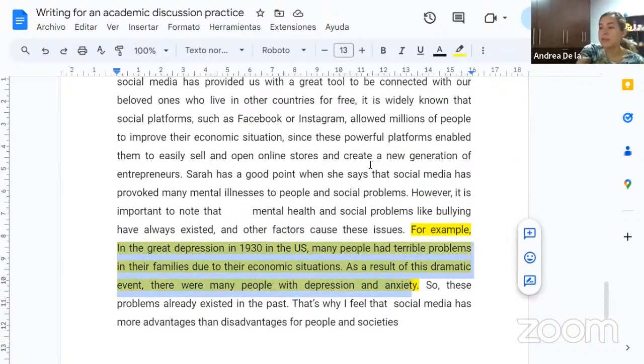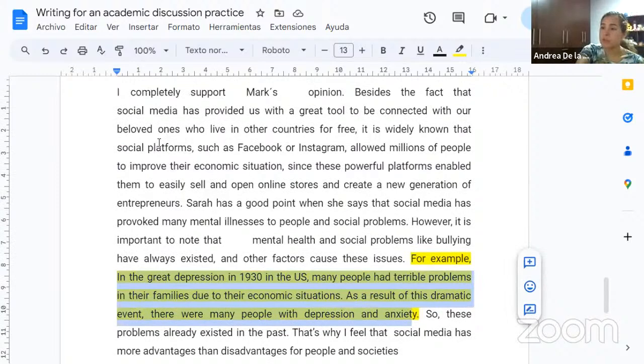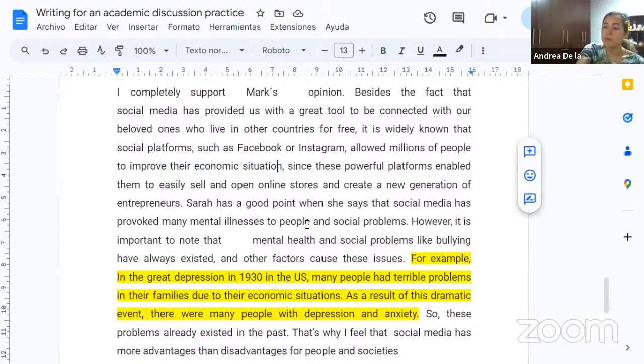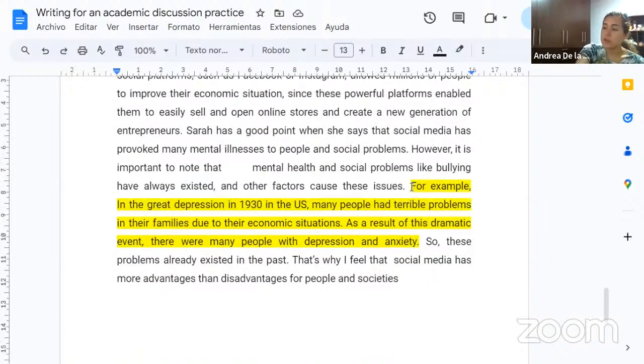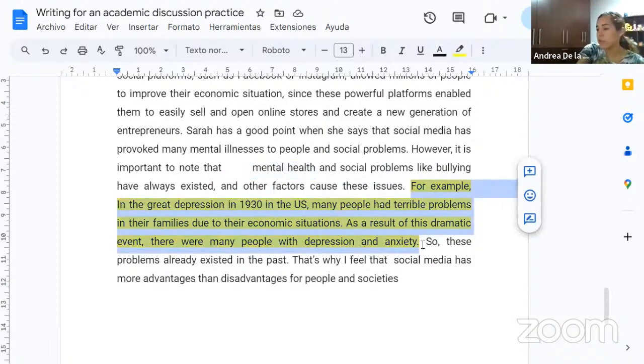Or maybe give more details as for what you already mentioned, that this has allowed people to improve their economic situation. So you could say, for example, these social problems have always existed, and actually social media has in some cases helped people with their mental health. And maybe you can mention a few details for that, right?